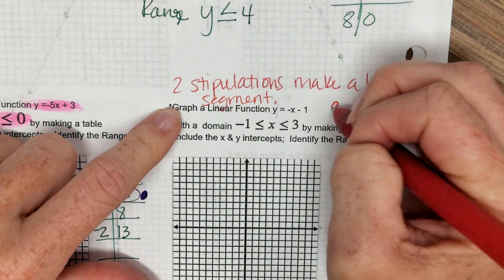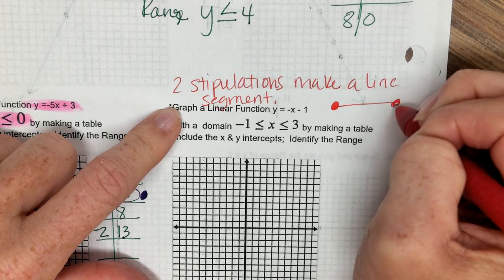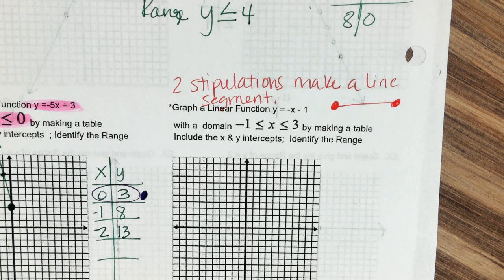What is a line segment? A dot connected to a dot, meaning there will be no arrows. If you put arrows on these, the graph will be wrong.